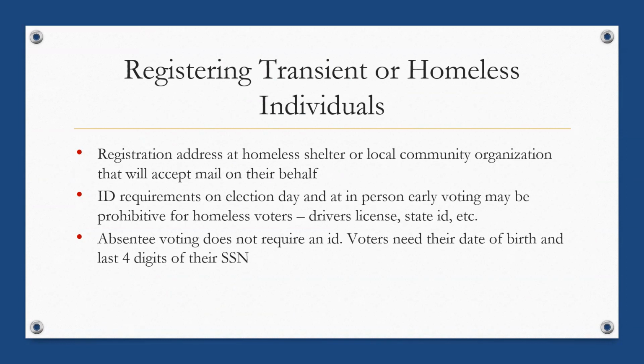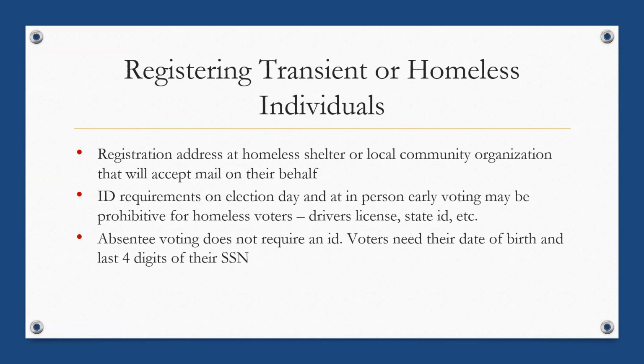You can register transient or homeless individuals at an address where they can easily receive and pick up mail. So oftentimes that is at a homeless shelter they may be staying at, or a local community organization they may be using for a food pantry or getting other assistance.